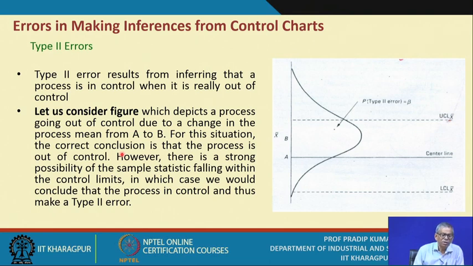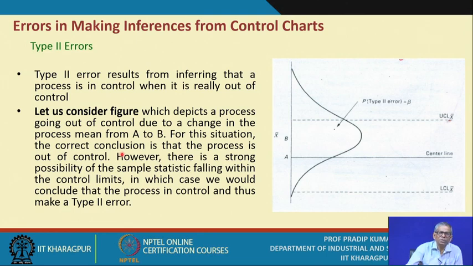But the second type of error becomes very, very critical in most cases, and this is type 2 error. So what is type 2 error? Type 2 error is, as per the control chart information, you assume that the process is in control, but actually it has gone out of control.